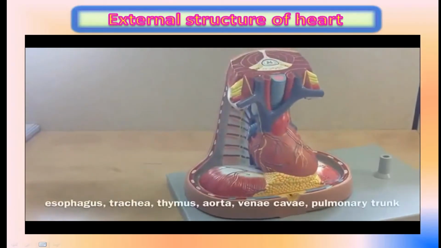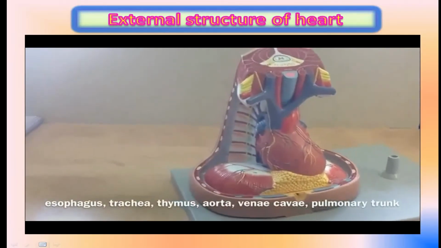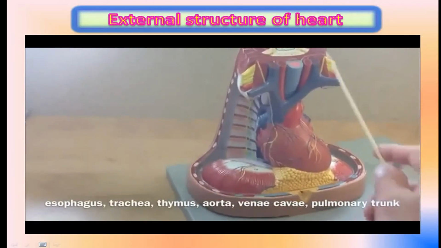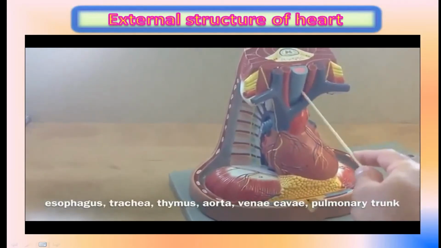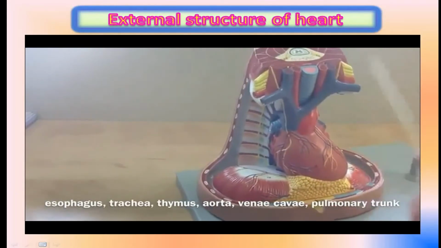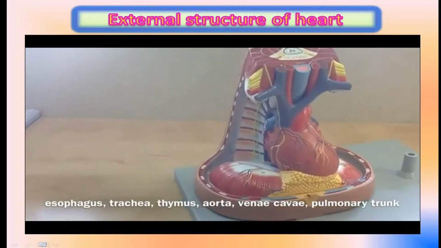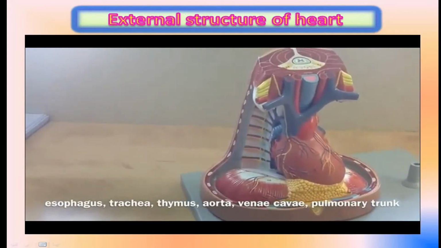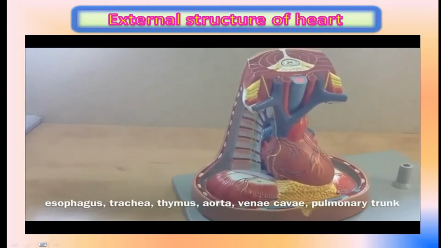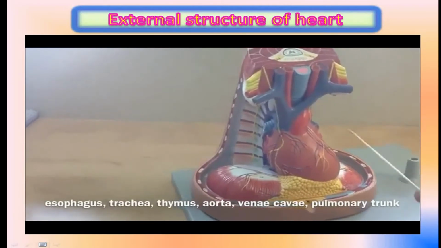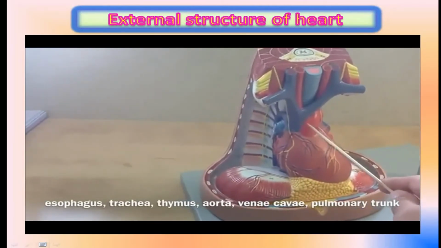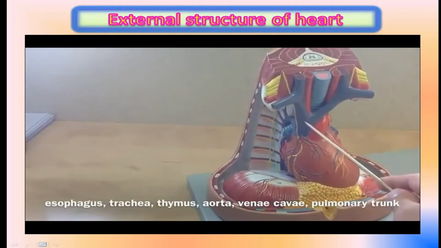The mediastinum contains the heart and other organs such as the esophagus and the trachea or windpipe, which we can see here, the thymus gland, as well as large blood vessels that enter and exit the heart, such as the aorta and the superior vena cava.